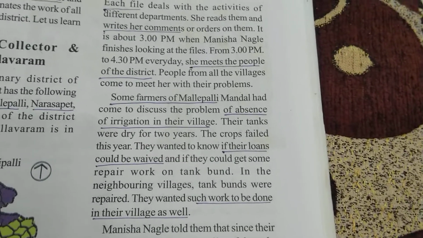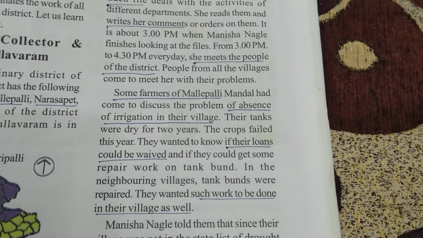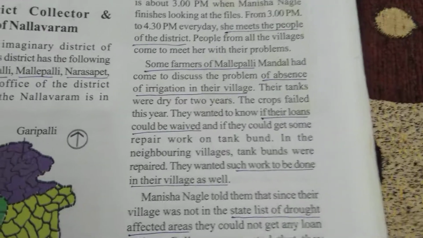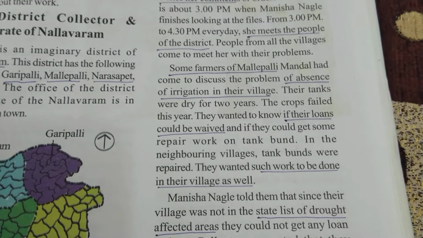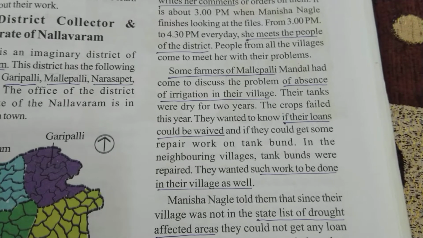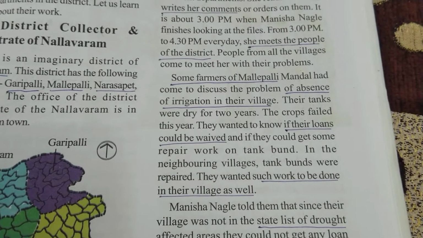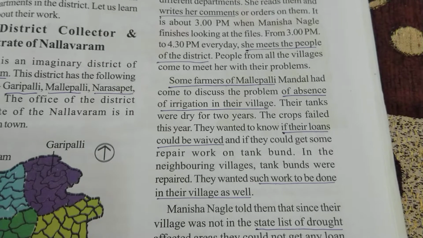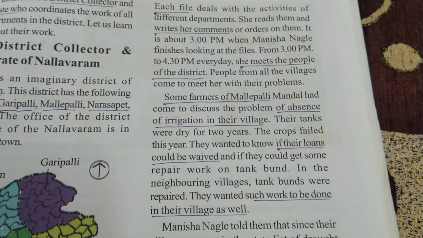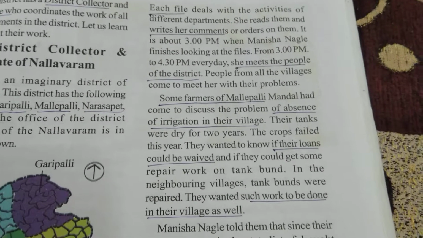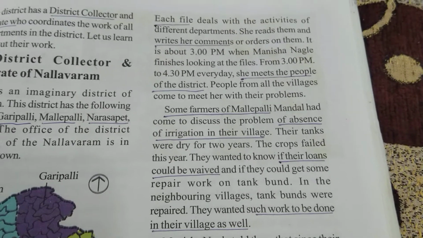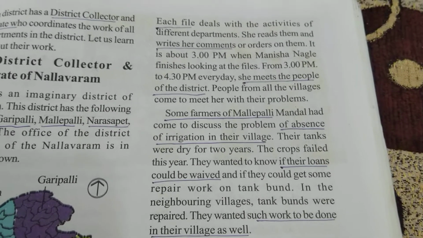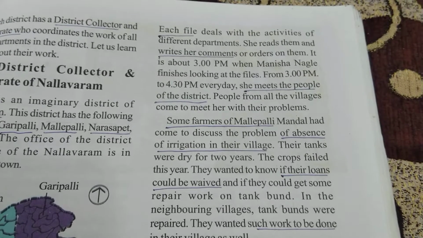What is the meaning of drought affected areas? If they don't get rains continuously for 3 or 4 years, areas where more crops dried up will be identified and a list will be prepared.